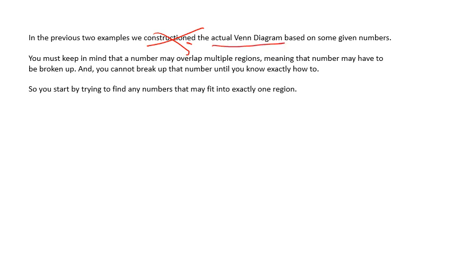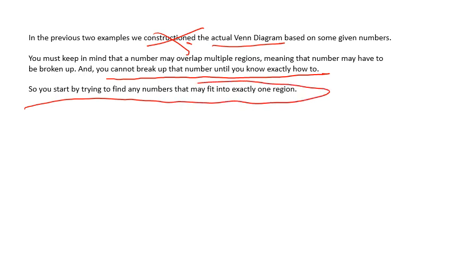Keep in mind, a number may overlap multiple regions. That number may have to be broken up, and you cannot break up that number until you know exactly how to. So you always start by trying to find any number that fits in exactly one region.